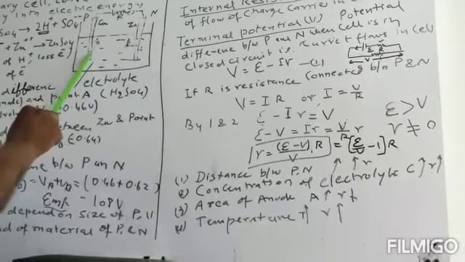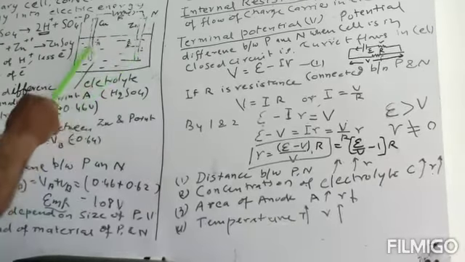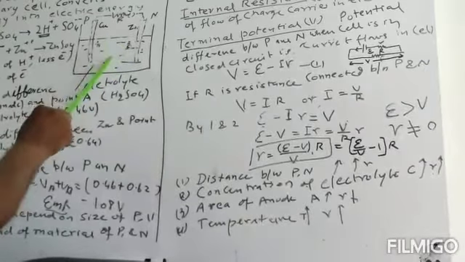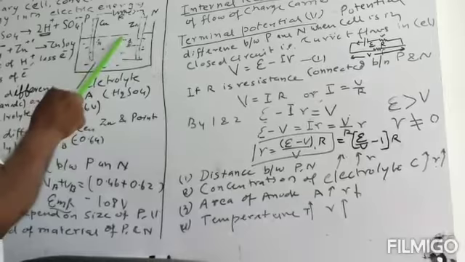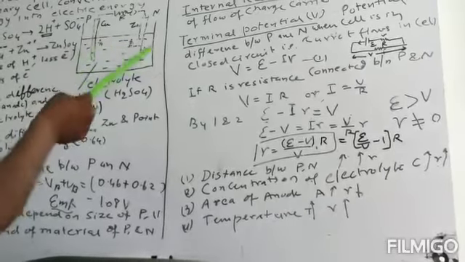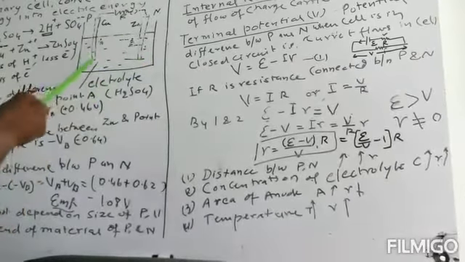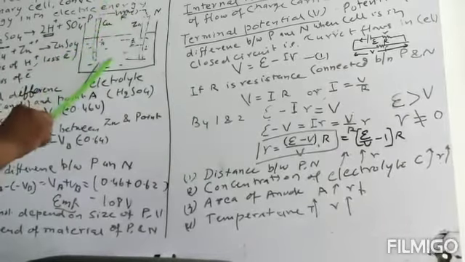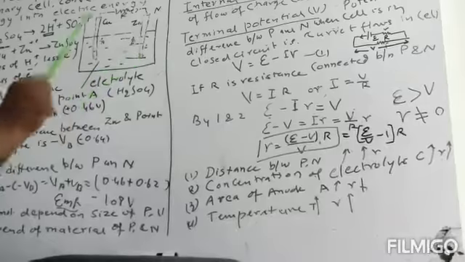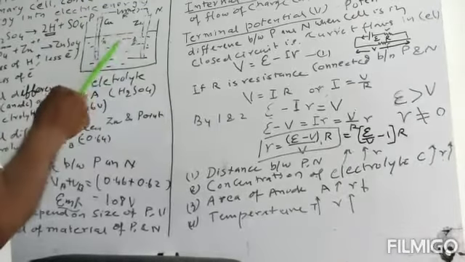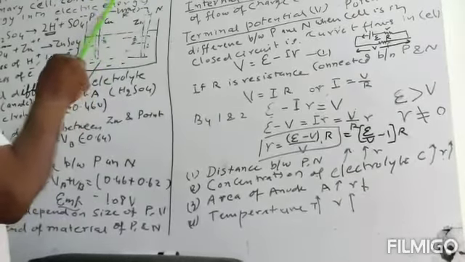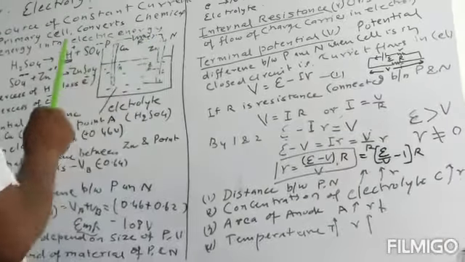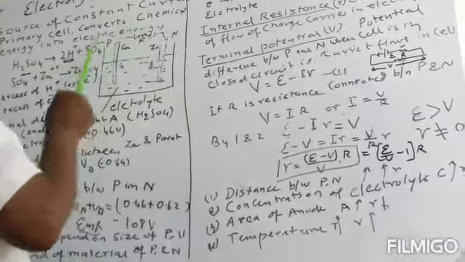Next, it will also depend upon the concentration of the solution. If the solution, which is the electrolyte, is concentrated, then it will offer more resistance. So the internal resistance of the cell will increase with the concentration. Now, the internal resistance will also depend upon the amount of current drawn from the source.